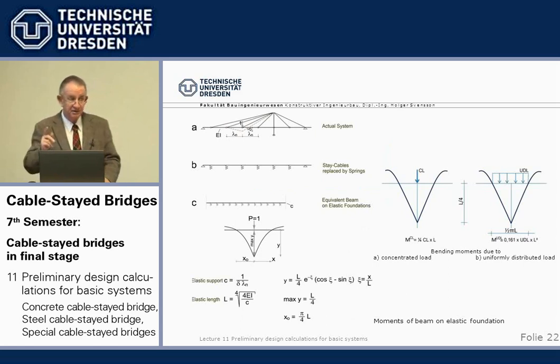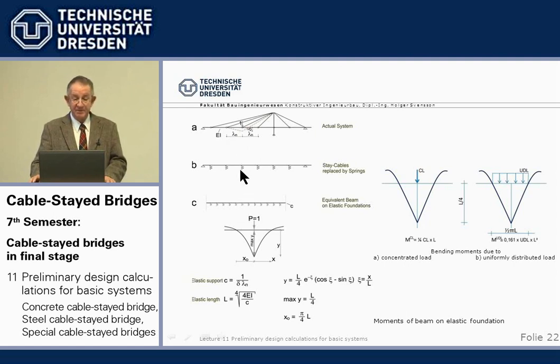The live load, we use another approximation. We say, okay, we have here our actual system, which is equivalent for the beam moments to a beam which is on steel springs with the same elasticity as the stay cables.